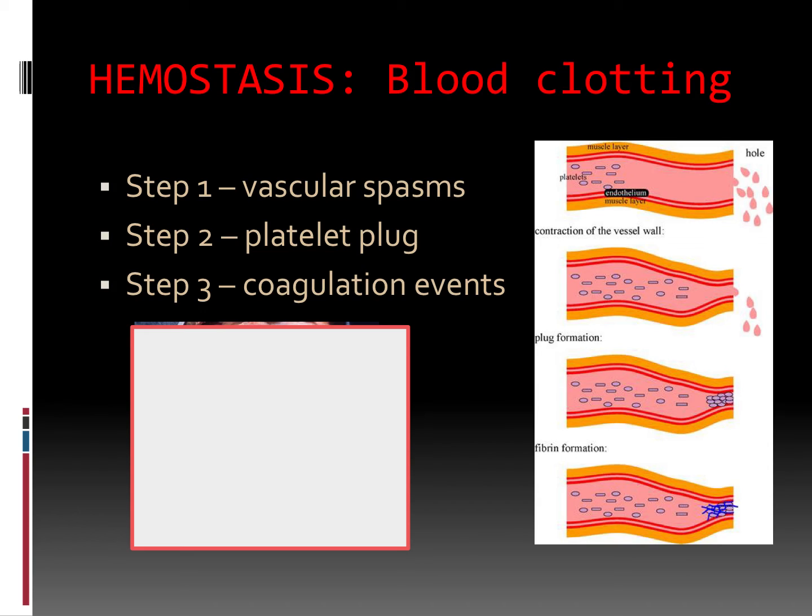So injury, step 1. So here you can see there is a hole. So the injury has occurred. Then step 1 of clotting is vascular spasms. So the blood vessel itself contracts to help staunch the bleeding.